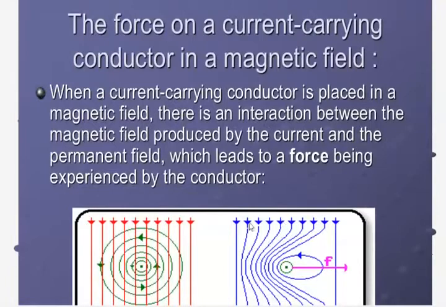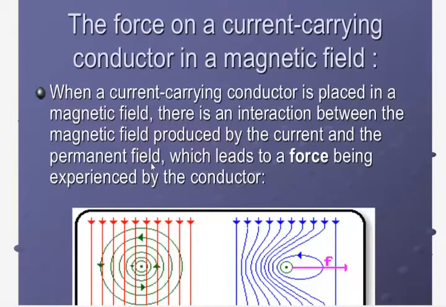Now try to understand the force on a current carrying conductor when placed in an external magnetic field B. When a current carrying conductor is placed in an external magnetic field, there is an interaction between the magnetic field produced by the current in the conductor and the permanent magnetic field.